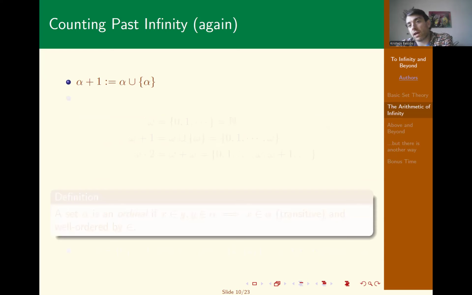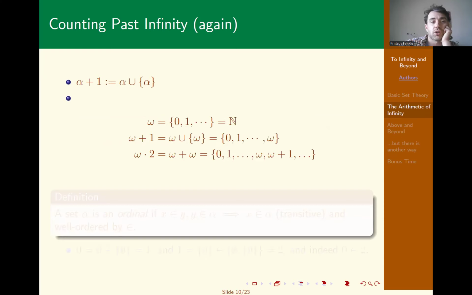Okay, so that's the basics of cardinal numbers. There are also these things called ordinal numbers. So what do we got for ordinal numbers? We take the idea that for our finite cardinals, alpha plus one we define to be the union of alpha and the set containing alpha.